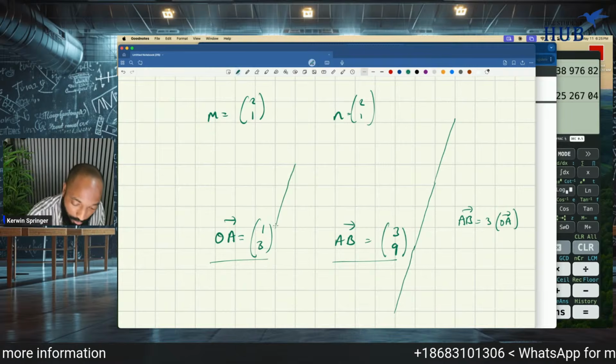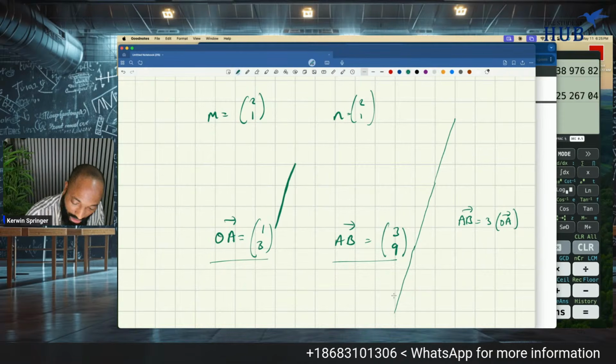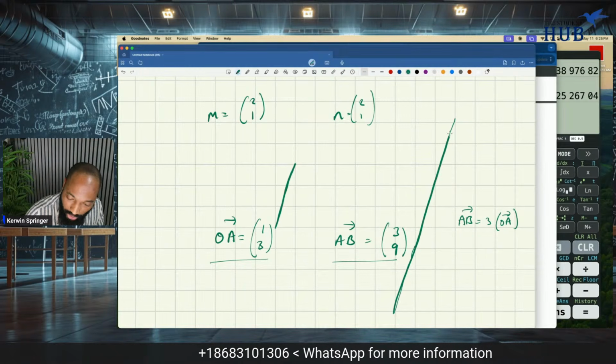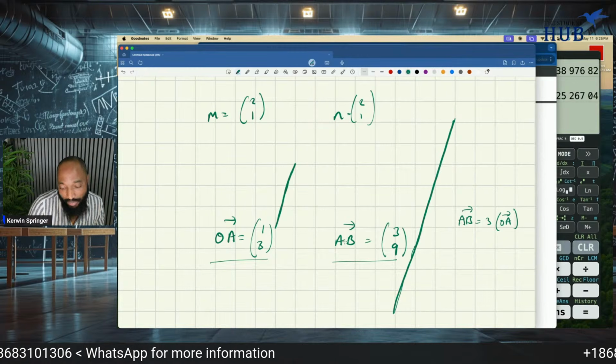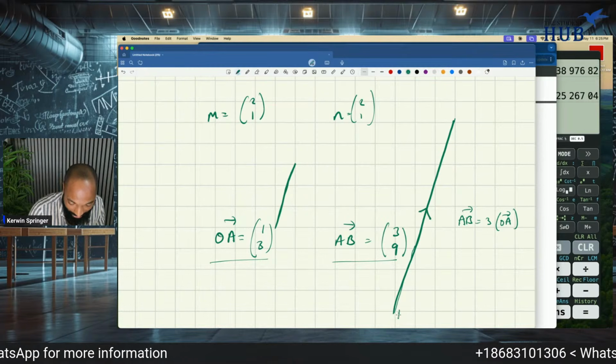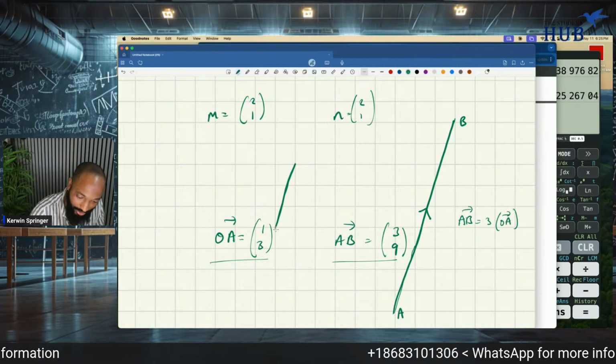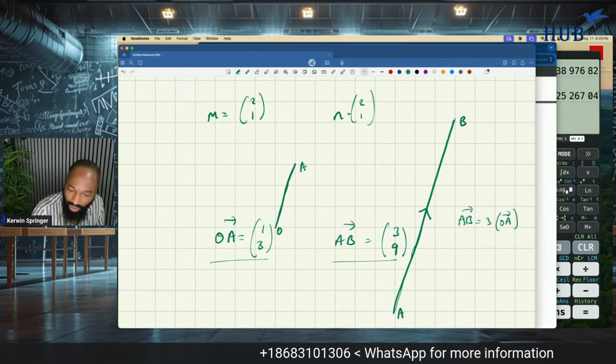And here's how you prove that they are also collinear. How do we know that these points lie on the same line? Well, they're parallel. This is A, this is B, this is O, this is A. Hold up.